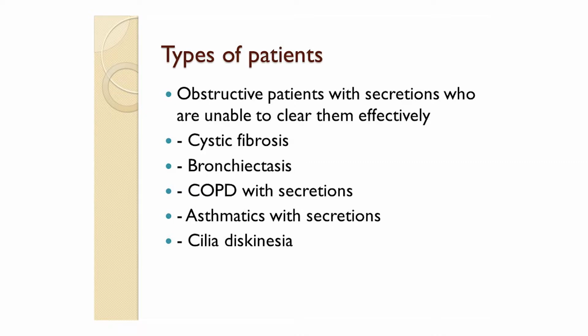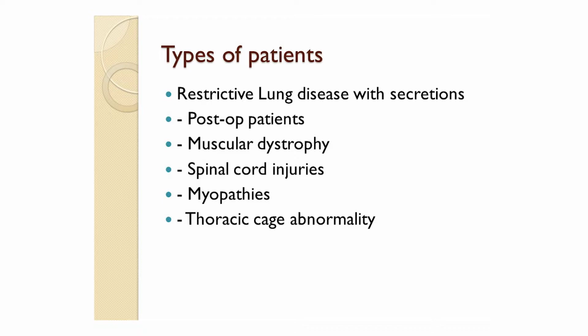Types of patients then also in restrictive lung disease with secretions can be post-operative patients, patients with muscular dystrophy, spinal cord injuries, myopathies or thoracic cage abnormalities, and you'll be familiar with these types of patients as well.